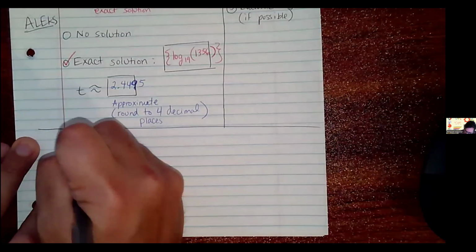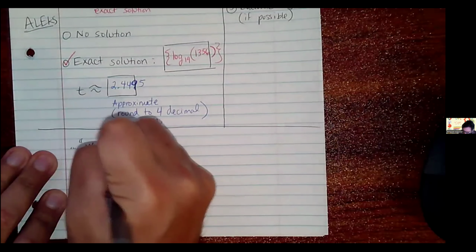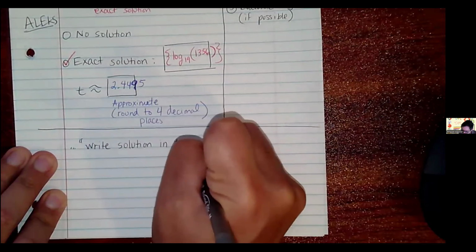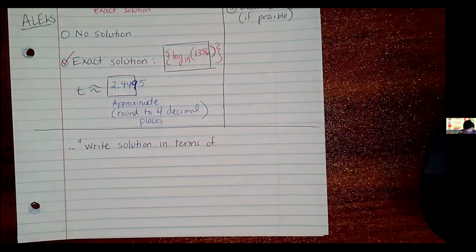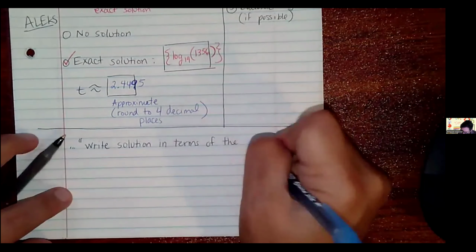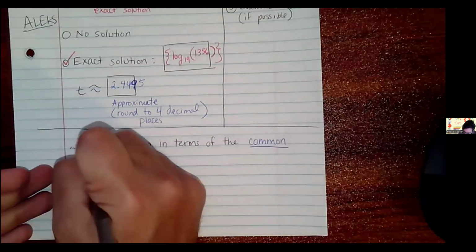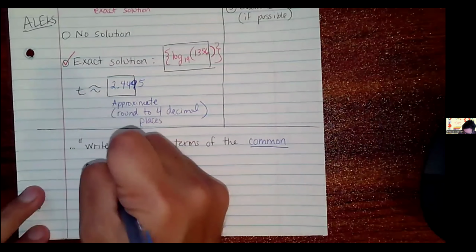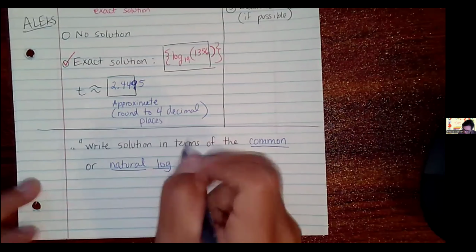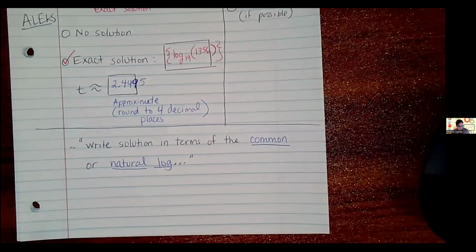When you read the instructions in Alex, sometimes it's going to say something like, write the solution in terms of the common or natural log. Somewhere in the instructions, it will say something like that.